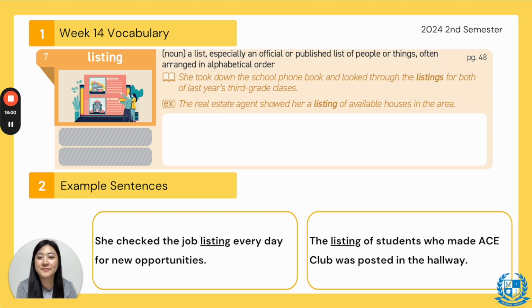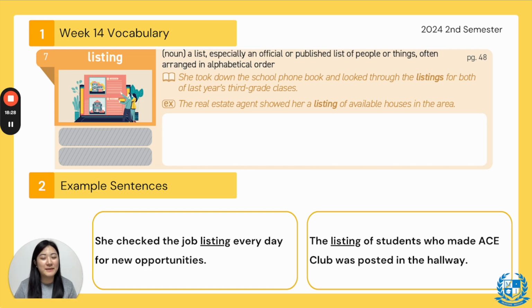Over here, it says she checked the job listing every day for new opportunities. So here, it could be on the website or in the newspaper, but there are listings of jobs. So say that I wanted to work at a big company like Google. Then I looked up Google online and then I found a listing of all the jobs that they are hiring for.